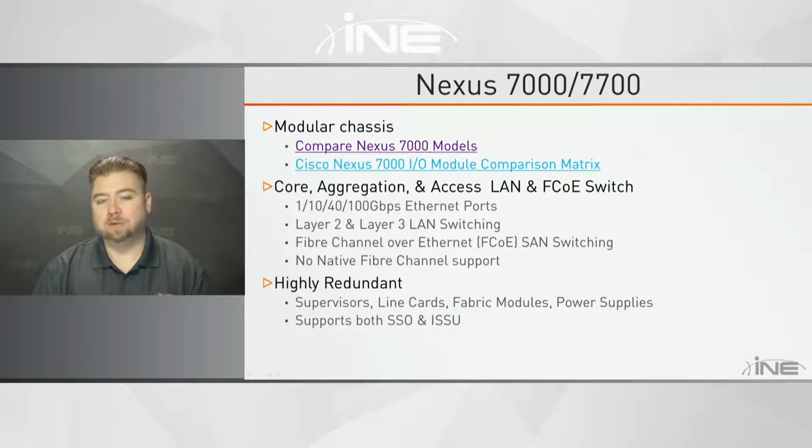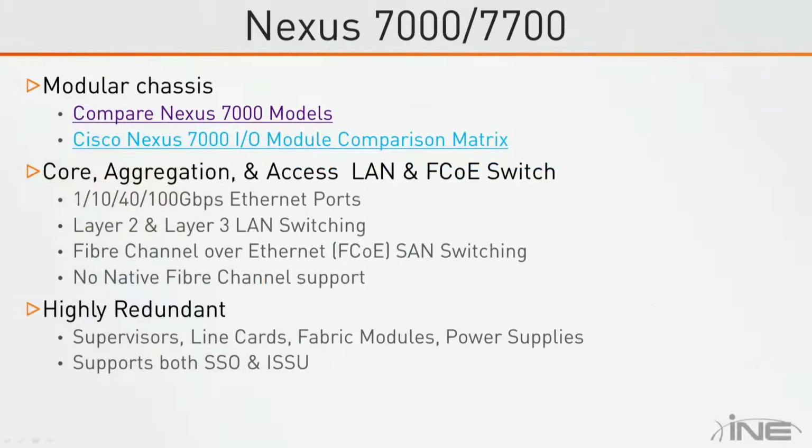Also supports in-service software upgrade or ISSU, which means that you can upgrade the code or you can downgrade the code without having to reboot the box. So you can continue to forward traffic without having to, theoretically, use a maintenance window in order to have an outage. Okay, same as the Nexus 9500s.